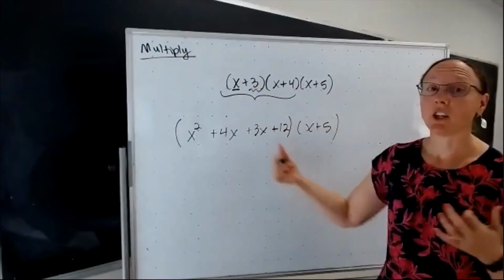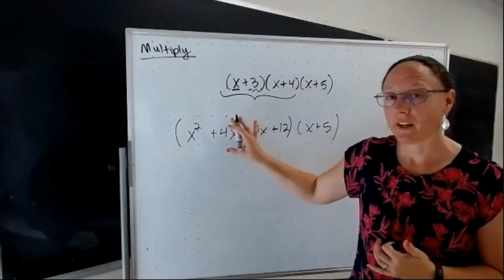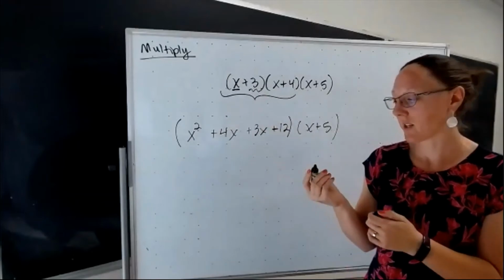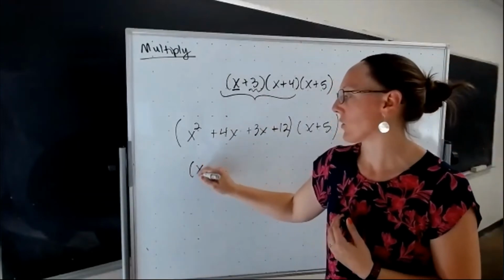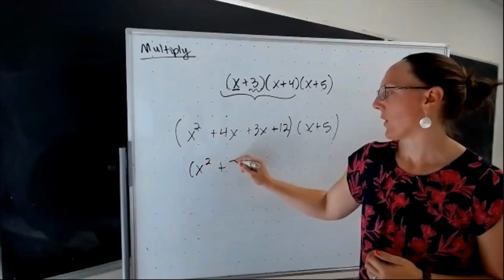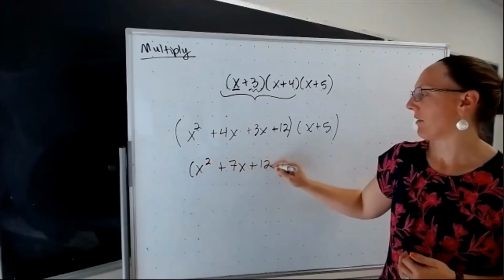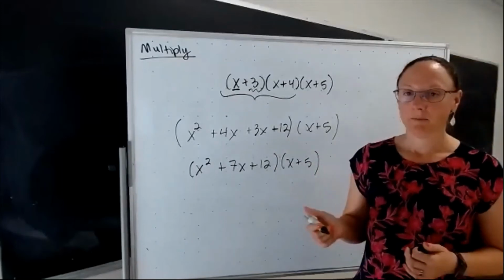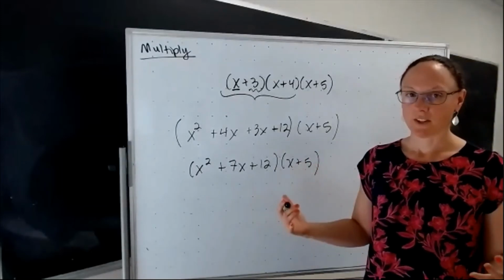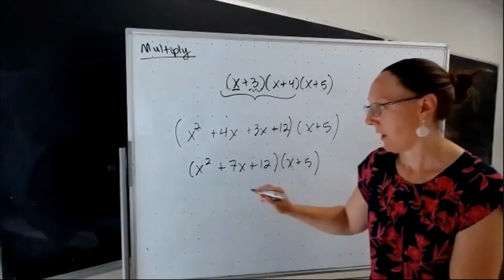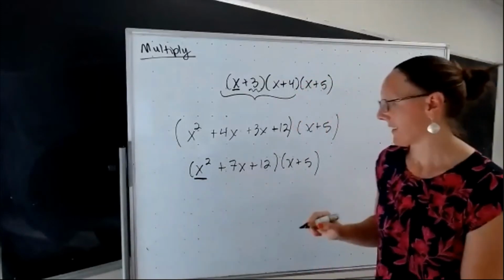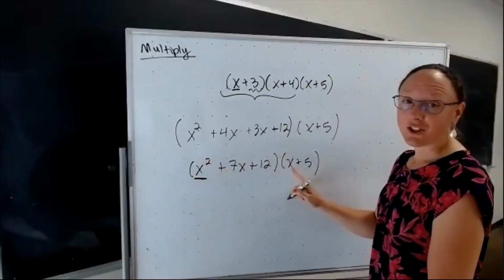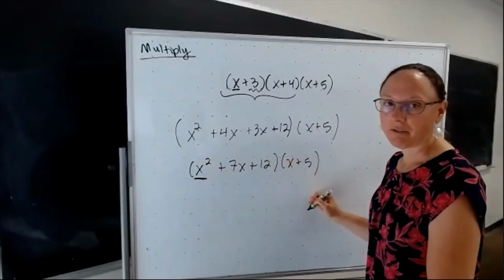We have a choice. We could just multiply this directly, or we could combine like terms on this first. I'm going to choose to combine like terms over here and make that x squared plus 7x plus 12 times x plus 5. To do this multiplication, I'll start with my first term, that x squared, and it needs to get distributed to the x and to the 5.